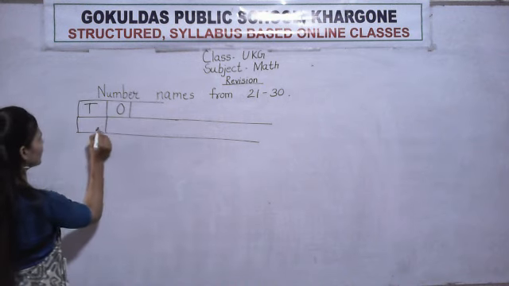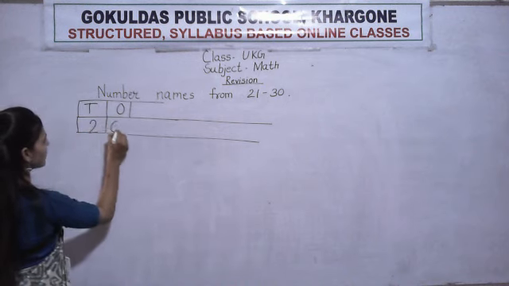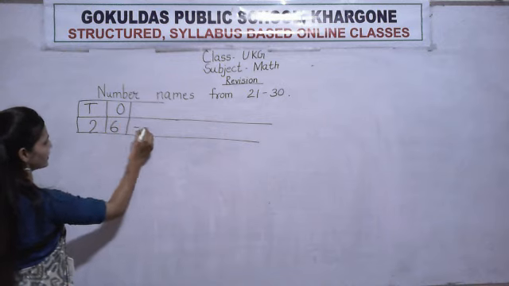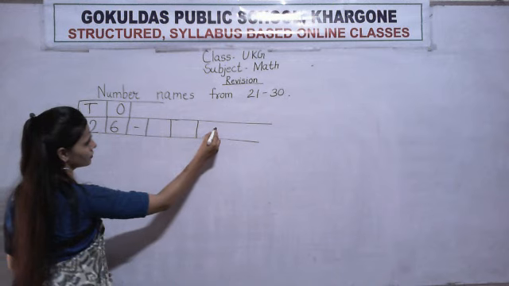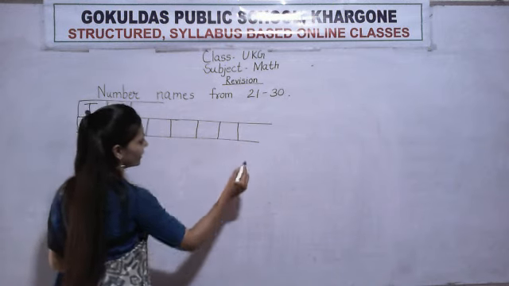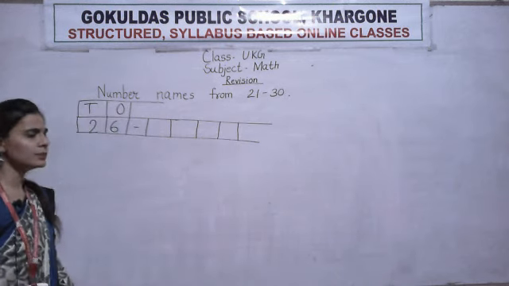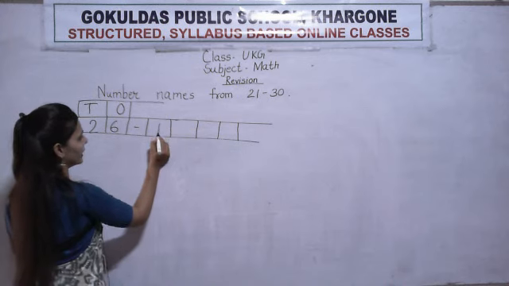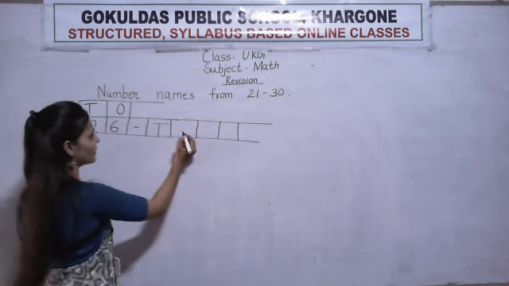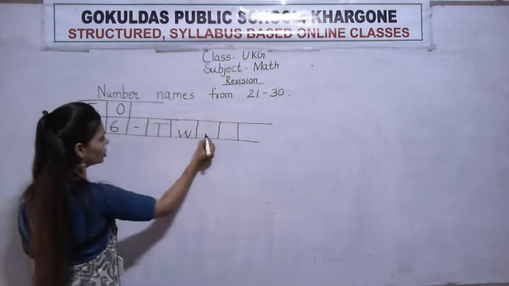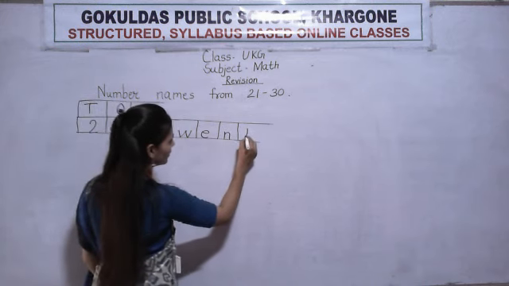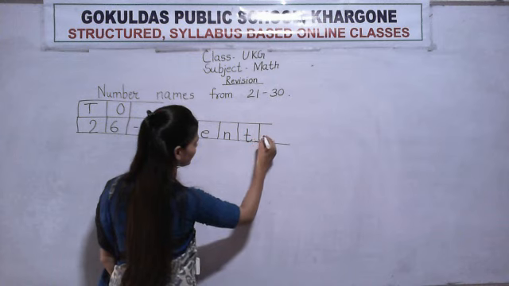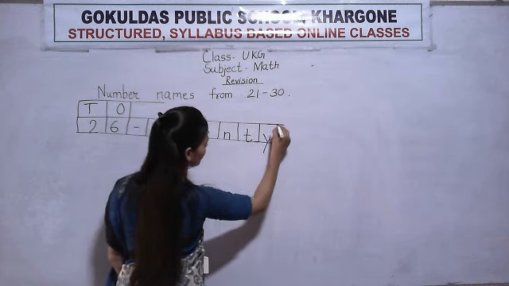First you write here 2, 6, 26. Now tell me the spelling of 20. All of you say the spelling of 20. What is the spelling of 20? T, write with me, W-E-N-T-Y.